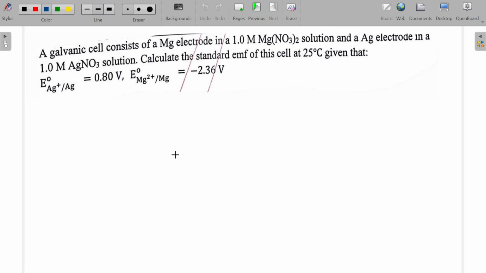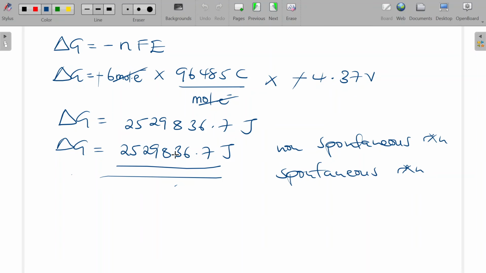So I wanted to ask on the units there. Was it not supposed to be joule per mole? Or is just writing joule like that okay? Yeah, I'm sure it's fine.